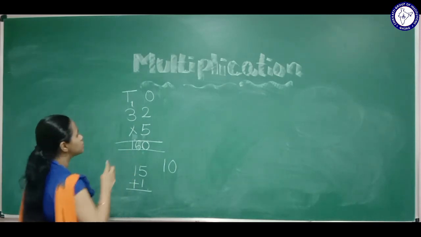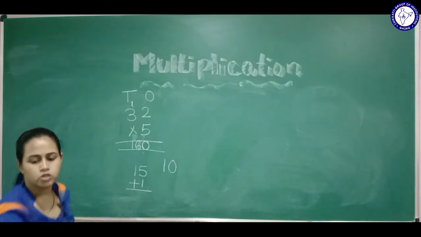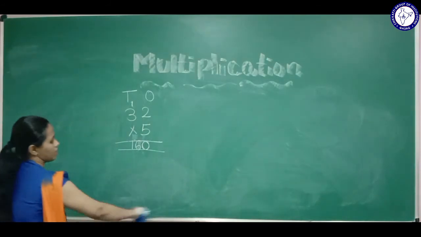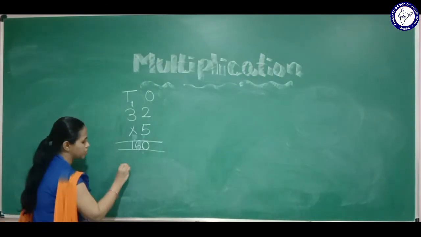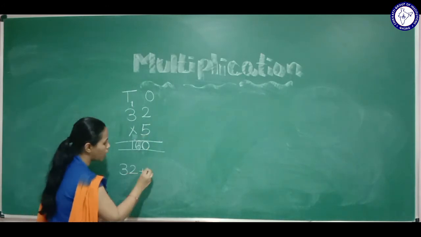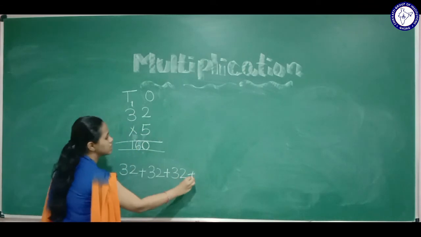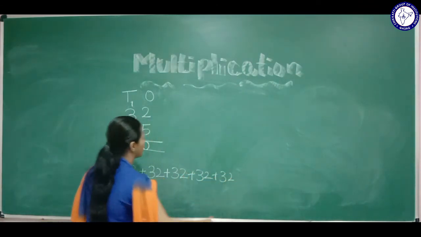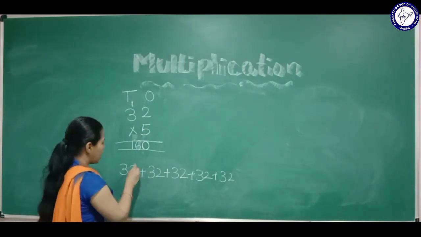Okay, so I'll just see whether it's correct or not. Until you get practice, you can do this. 32 how many times? 5 times. 1, 2, 3, 4 and here 5. So let's count these numbers.